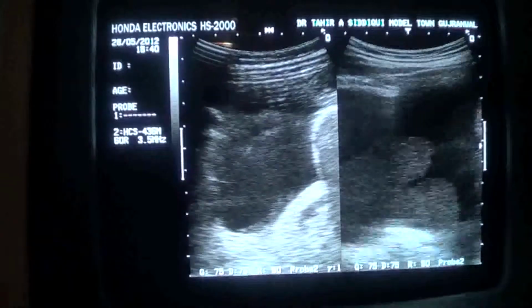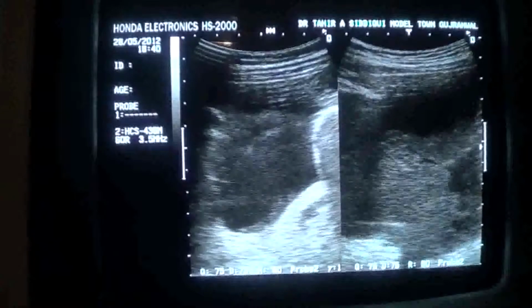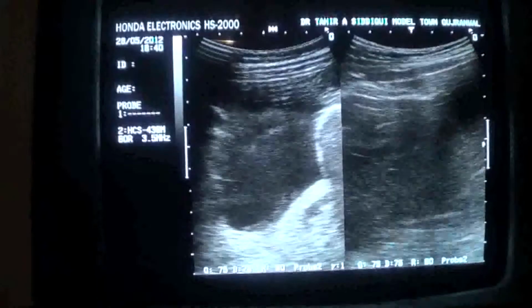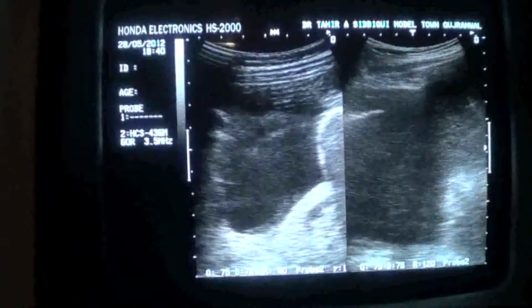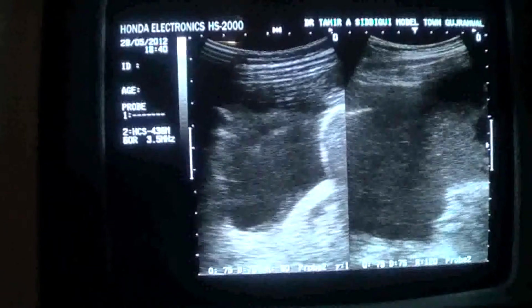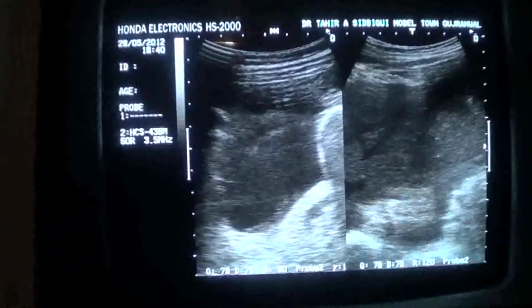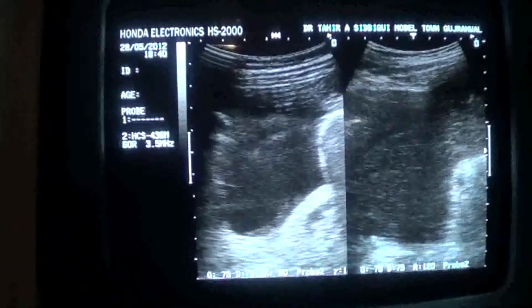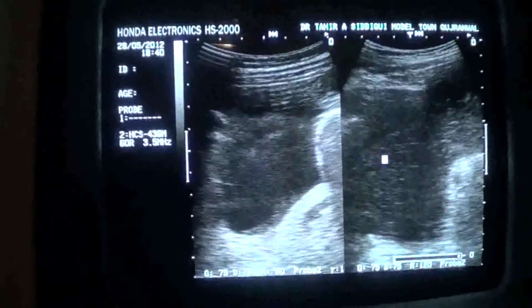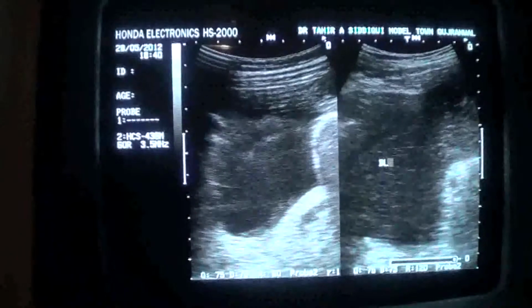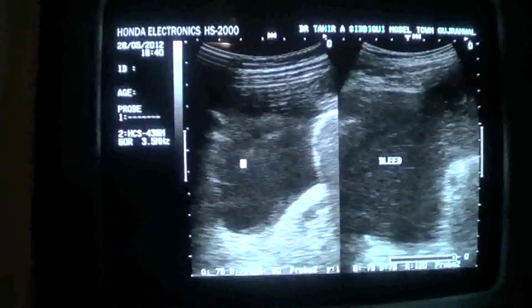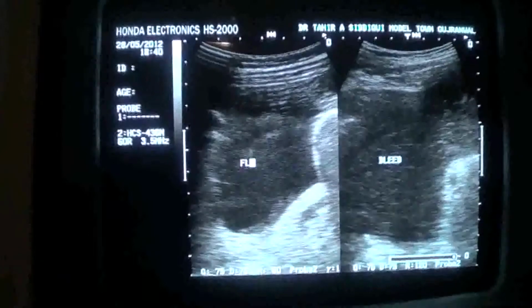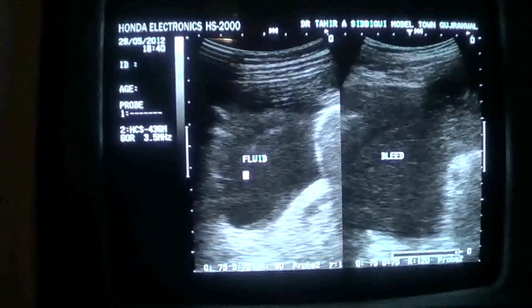See the difference in the fluid in both images. This is full of bleed. This is also fluid, with echoes.